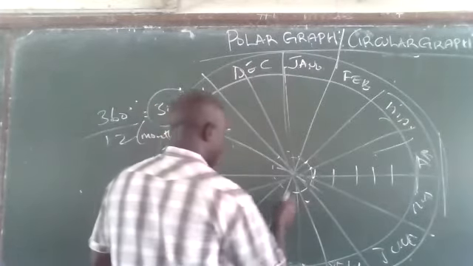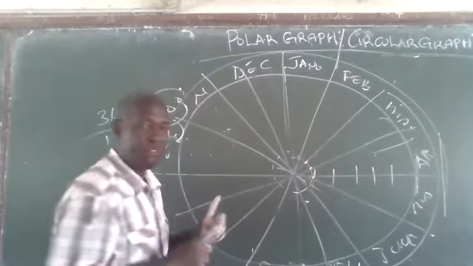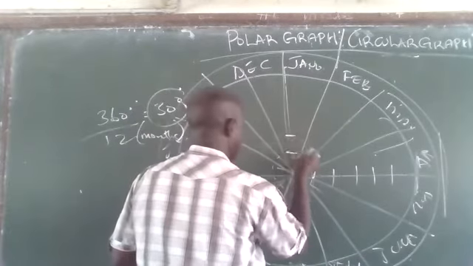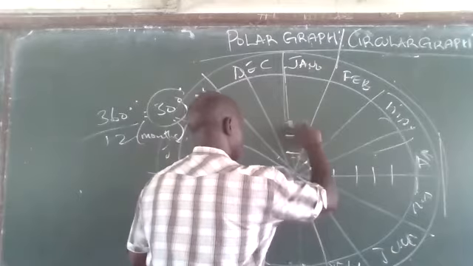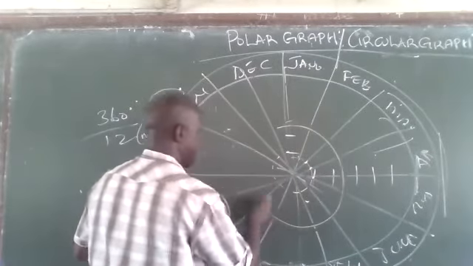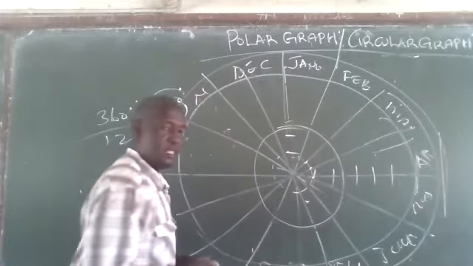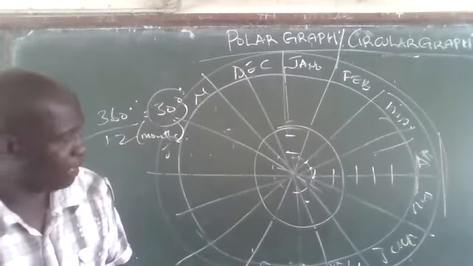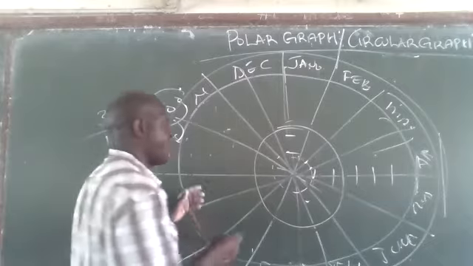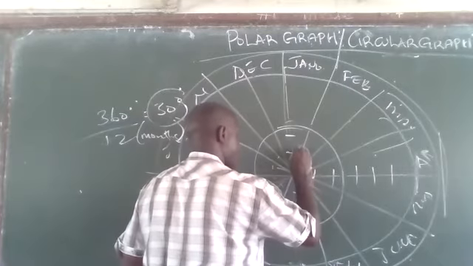So therefore, we said we shall have the stretching of our compass to 3 centimeters. Then we shall draw the inner circle. What is its purpose? It is for the positioning and also reflection of the activities that were carried out in the said question.